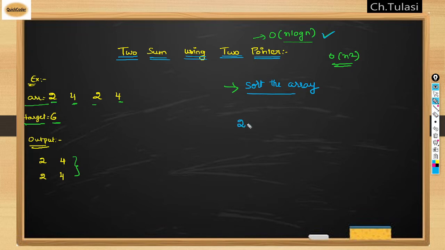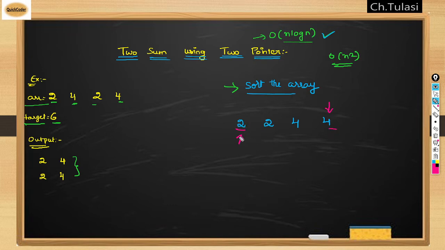We want to sort the array 2, 4, 2, 4. When we sort this array, we get 2, 2, 4, 4. In the two-pointer approach, there is a first pointer at the start and a last pointer at the end. 2 plus 4 gives us 6.